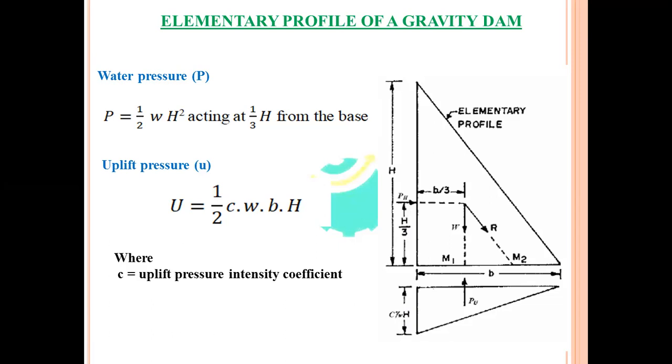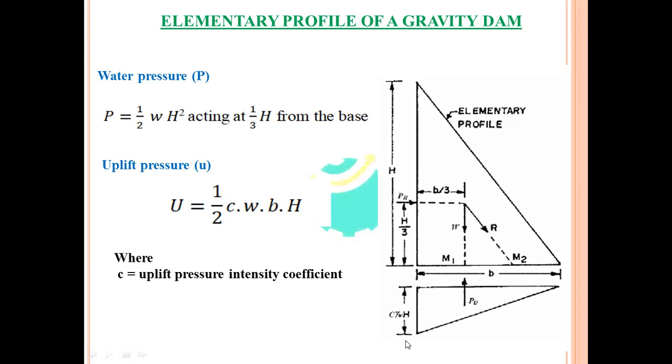The uplift pressure acts downward, below the dam, so H is the height of the reservoir only.